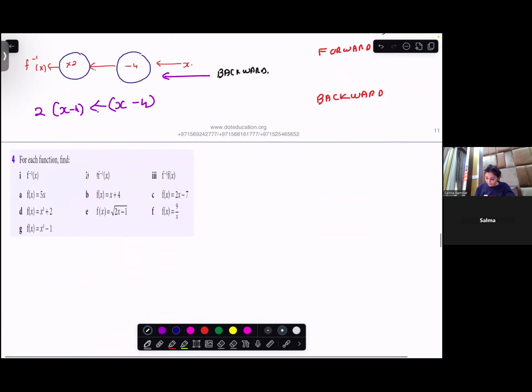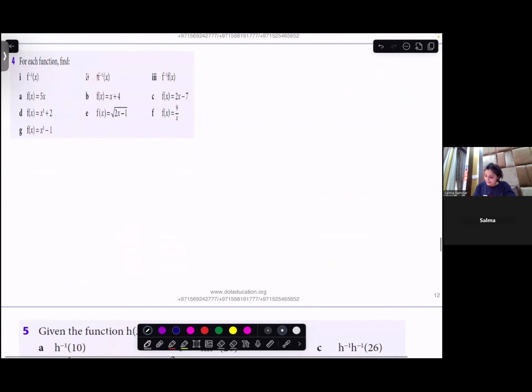Now, what you have to do, these are some questions for practice. Of course, I will solve all of them with you, okay? But I need you to first pause and try. Try question number 4. For each function, you have to find f minus 1 x, or f of f inverse x, f inverse of f x. Try to do it, okay?